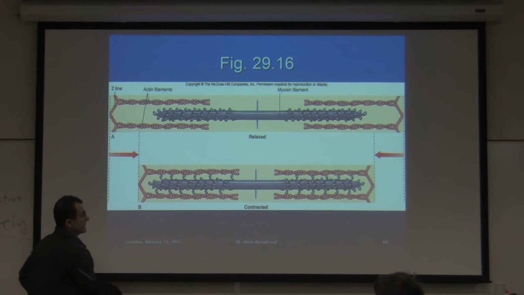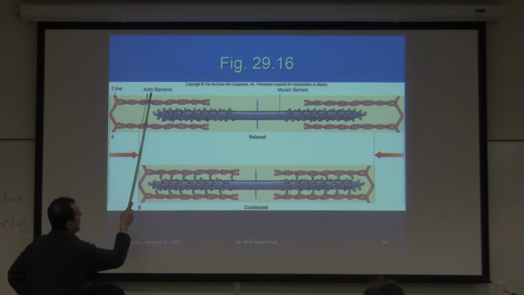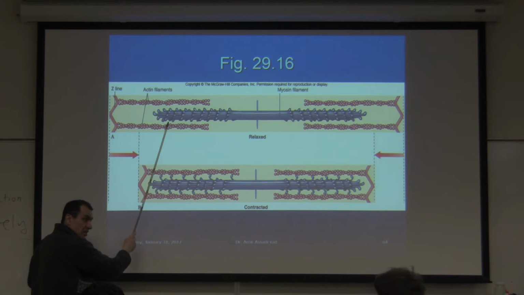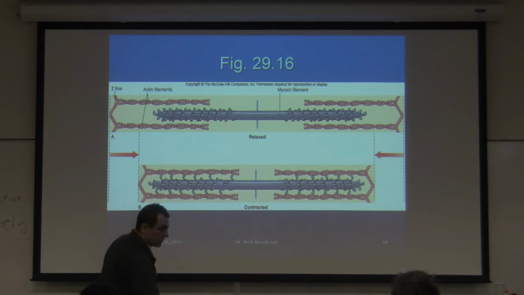Now, tell me this. When the muscle is contracted, what do you think happens to the A band? Does the A band change its dimension, becoming bigger or smaller? I should write these things on the board.